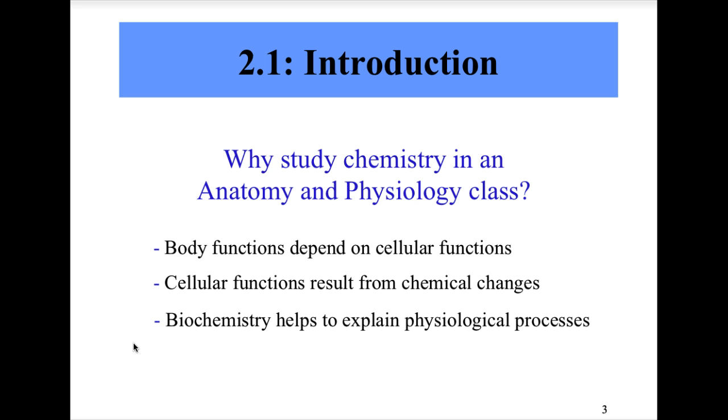So body functions do depend on cellular functions, and this ultimately would come to metabolism. And when we talk about metabolism, we're looking at the chemical reactions of an organism. So cellular functions result from chemical changes in a cell, and biochemistry, which is the chemistry of life, is going to help us to explain those physiological processes.